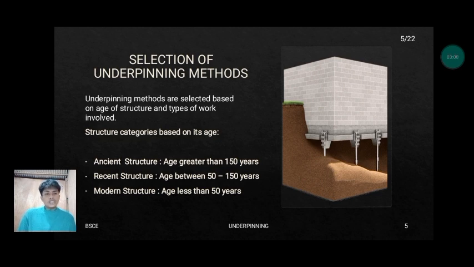For recent structures, the age is between 50 to 150 years, and for modern structures, the age is less than 50 years. So in short, if the building is below 50 years, it is considered a modern structure, while if its age is between 50 to 150 years, it is considered a recent structure. And ancient structures are those greater than 150 years.